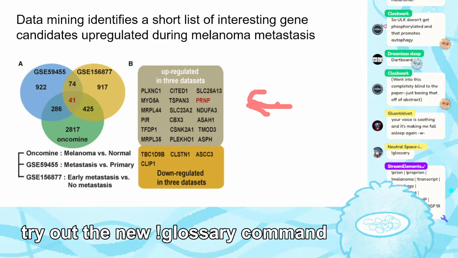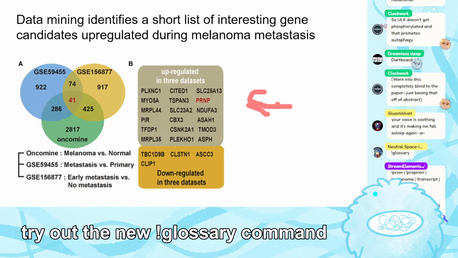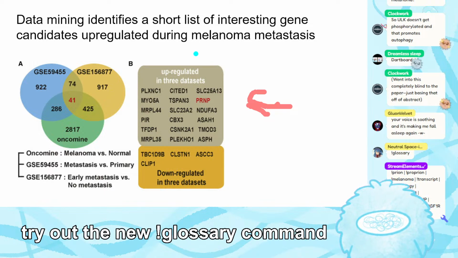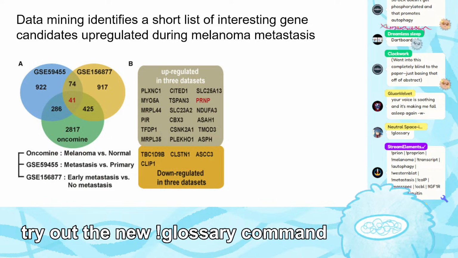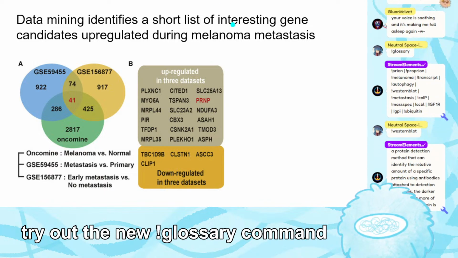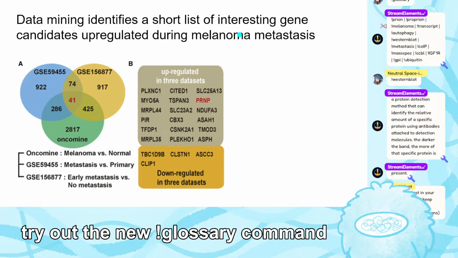Like, I don't know what any of that is, but as a prion enjoyer, I would absolutely freak out if I saw that this protein, the prion protein, was in these 3 different data sets, all having to do with metastasis and melanoma. I would be shocked, and I would be chomping at the bit to figure out what the heck the prion protein is doing at this intersection. It's kind of insane to me.